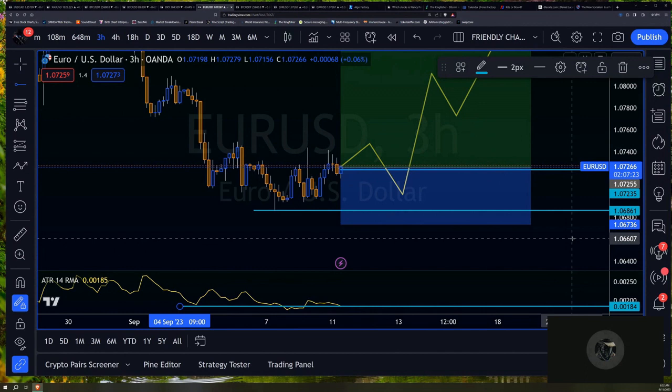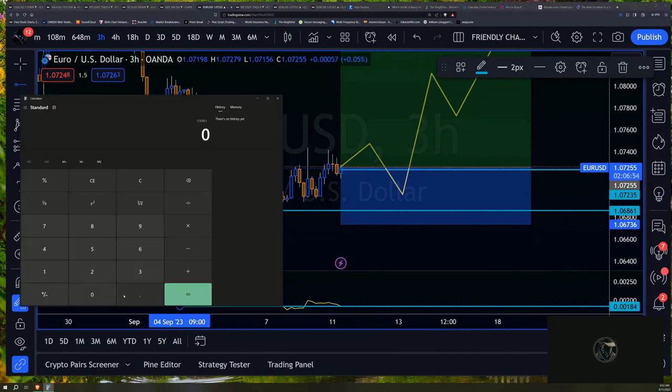I bust out my calculator, which I will do on the screen here so everybody can see. I take the low, which was 1.06861, and I subtract 0.00184, which is the ATR, and I get 1.06677.